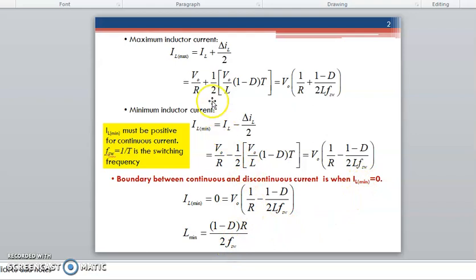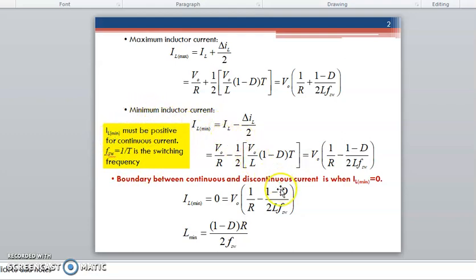Okay. So the maximum inductor current can be shown here, whereby the switching frequency is equal to 1 over T, 1 over the period. So for CCM, Imin must be positive.